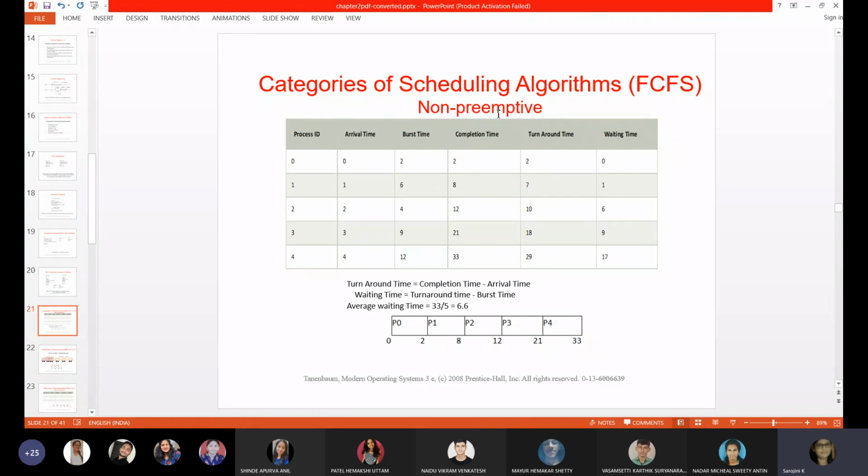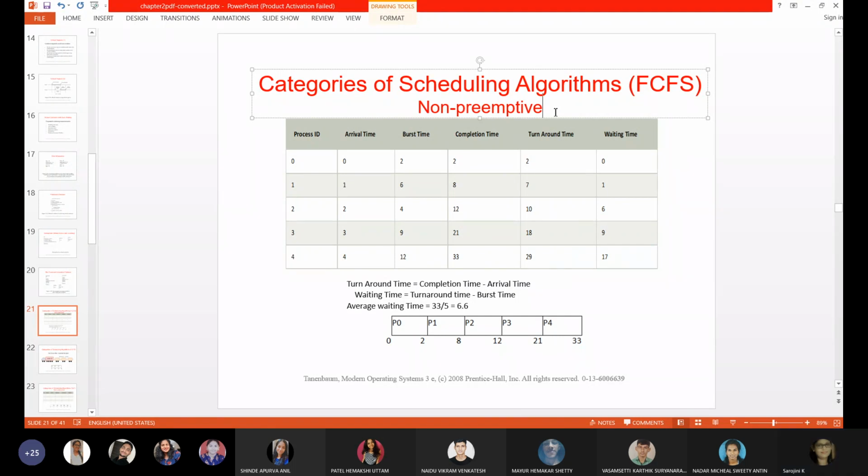Once the process entered the CPU, in between the execution, it cannot be taken out from the processor. That is why it is called non-preemptive.